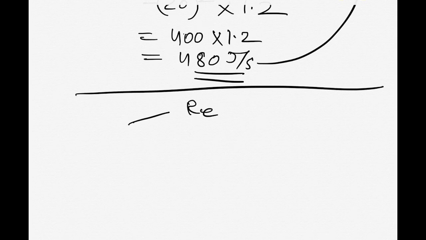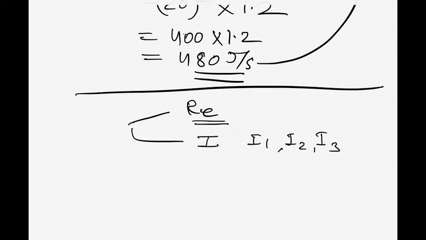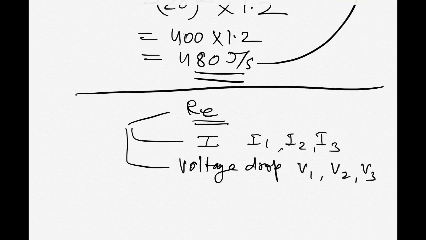We measured the equivalent resistance, and we now know how to calculate it for a circuit; the current I in the circuit or the individual currents in different resistors; third, the voltage drop across each resistor, V1, V2, V3; and last, the energy consumption rate by individual resistors in the circuit, whether a series circuit or a parallel circuit, E1, E2, E3 like that.